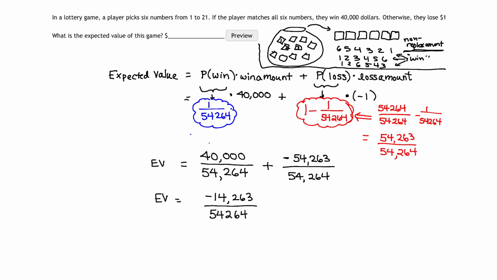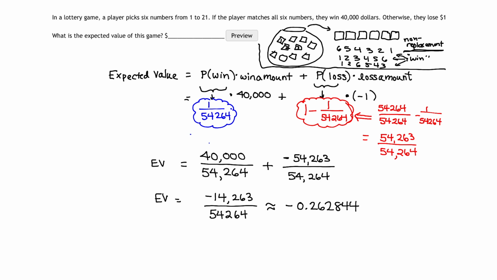We like to convert it into dollars, so we're going to go ahead and rewrite this as a decimal. Take negative 14,263, and let's divide it by 54,264. When we make that calculation, we get negative 0.262844.